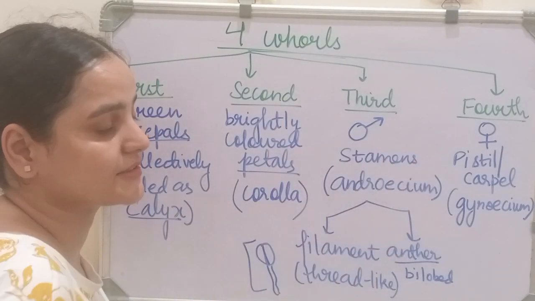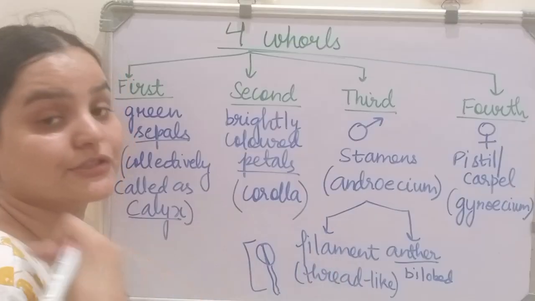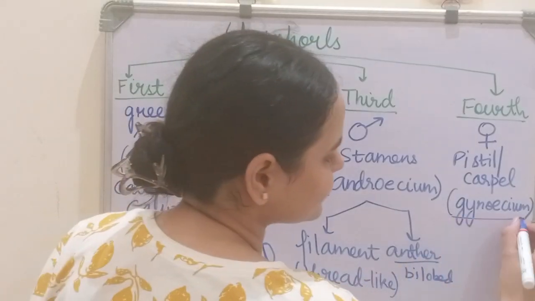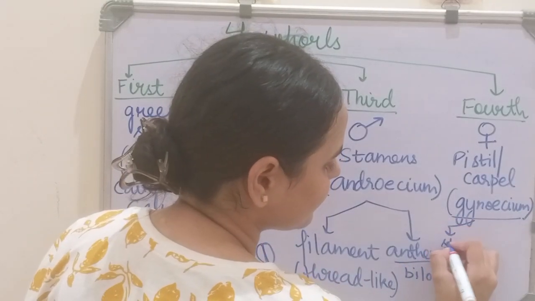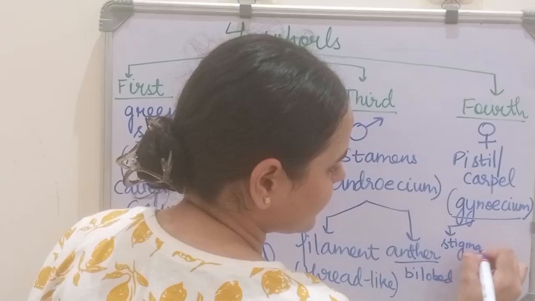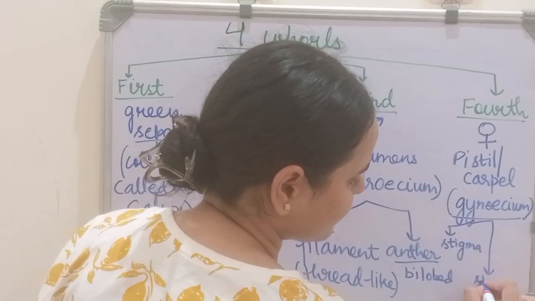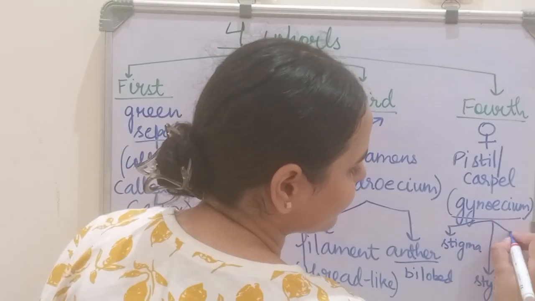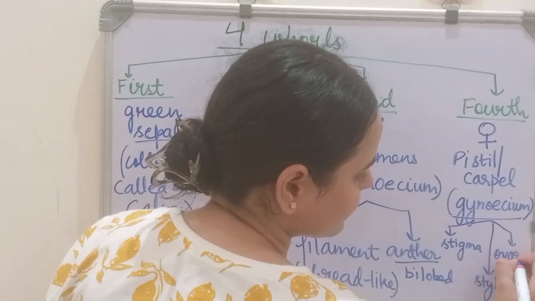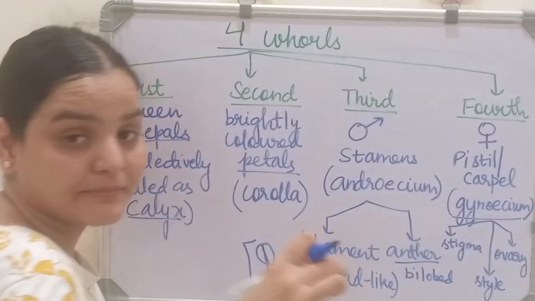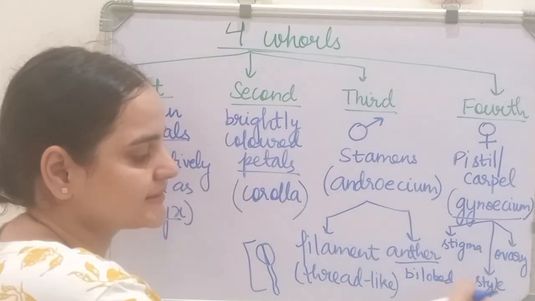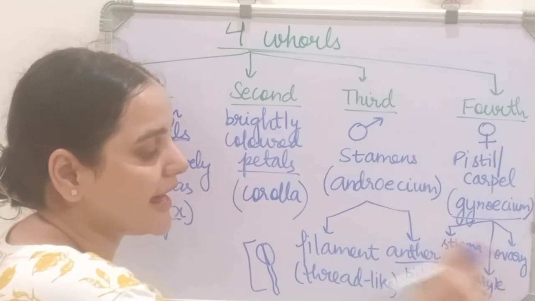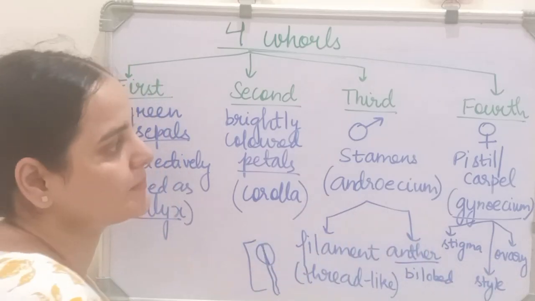Now this pistil or carpel consists of three parts. The parts were stigma, style and ovary. The stigma was the uppermost part, the style was the middle part, and the ovary was the basal part.